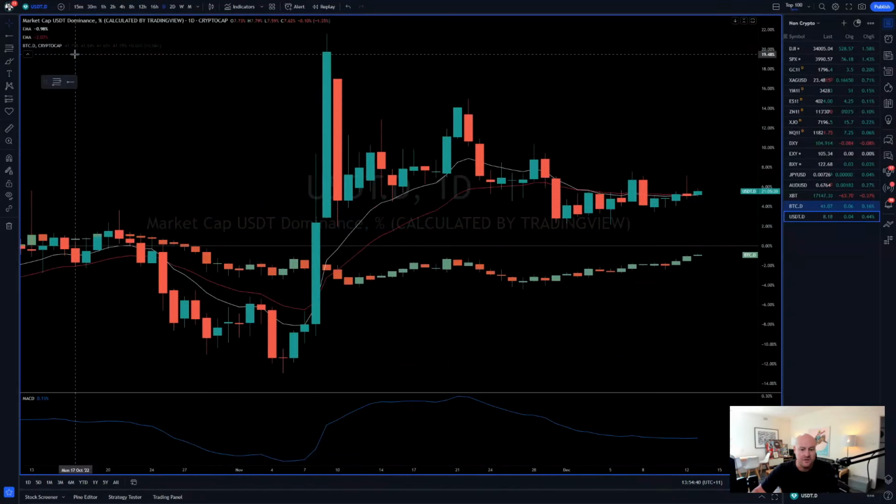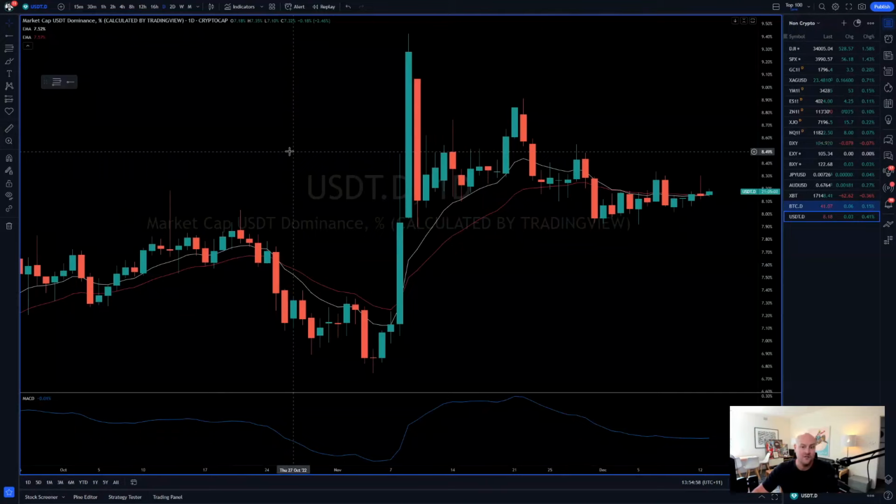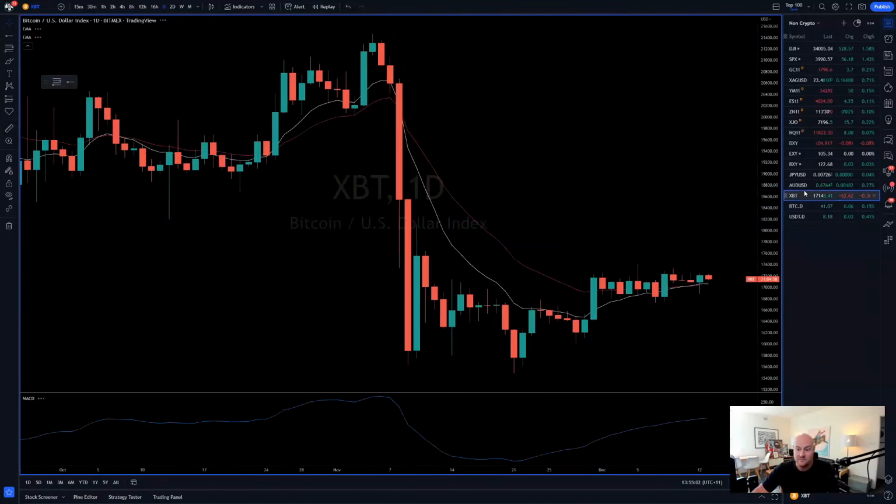If I get rid of it, I am now left with the dominance chart for Bitcoin, which is down here, and the dominance chart for Tether, which is just here. There is nothing there that suggests that either of those 2 are linked in any way, shape, or form. So I can get rid of that. So now I'm looking at the dollar dominance chart, and it looks exactly like my Bitcoin chart doing a handstand.